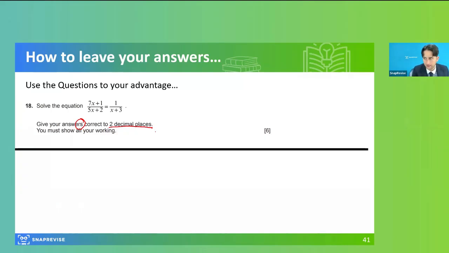But not only is it telling us that, this is telling us something else. This is also telling us not to bother factorizing. Because this will be on a calculator paper. If it says to 2dp, it's also telling you that this quadratic doesn't have nice answers. So don't sit there trying to factorize it because it doesn't factorize. Use your formula, use your calculator function, use whatever other technique, but don't try and factorize it.